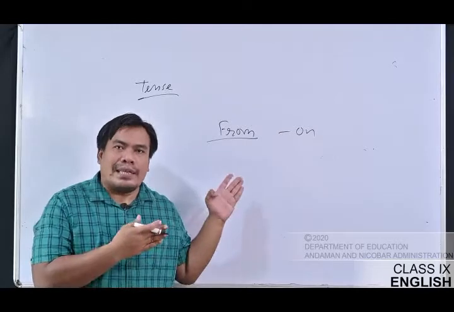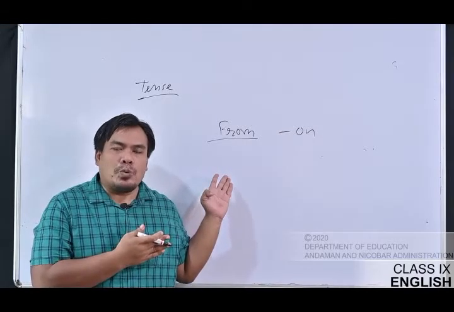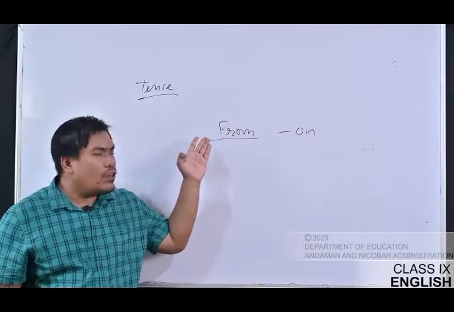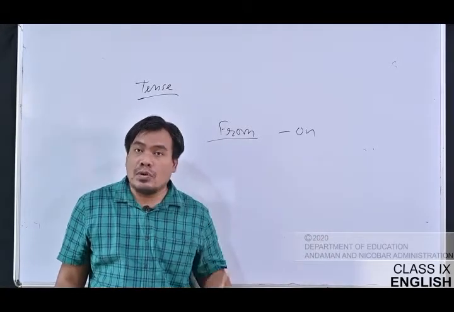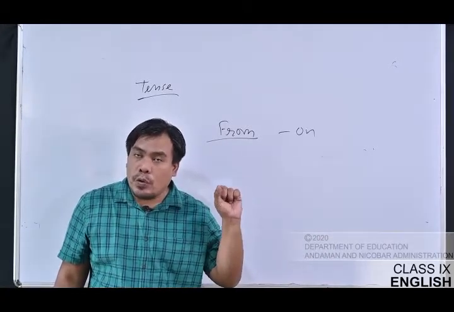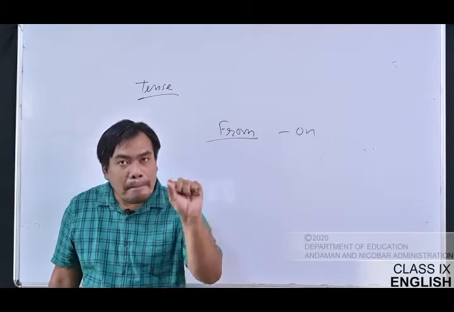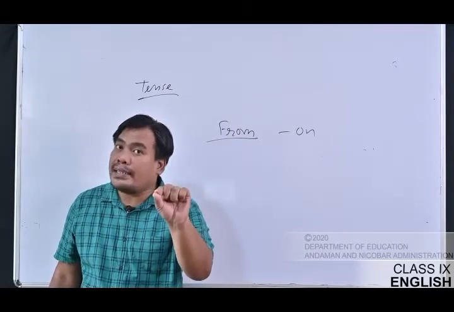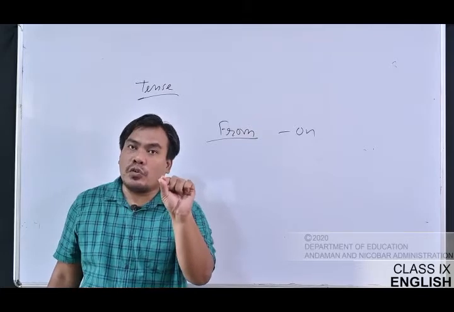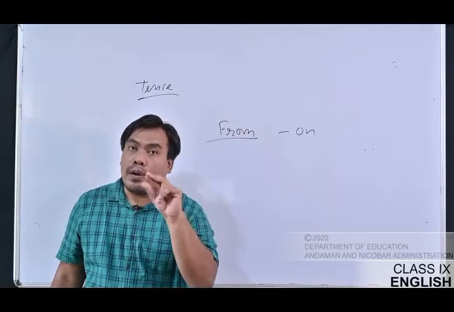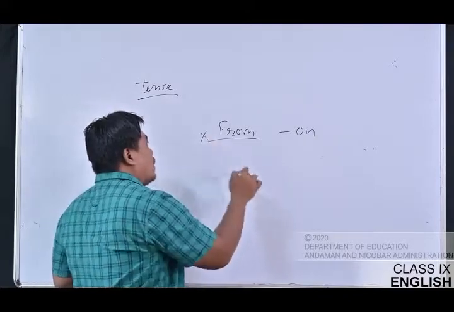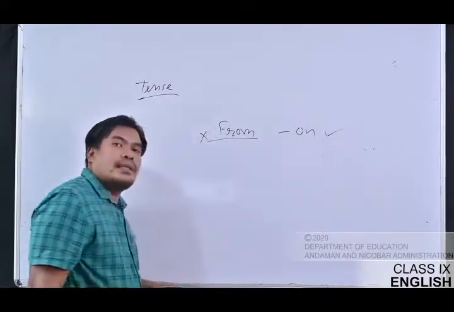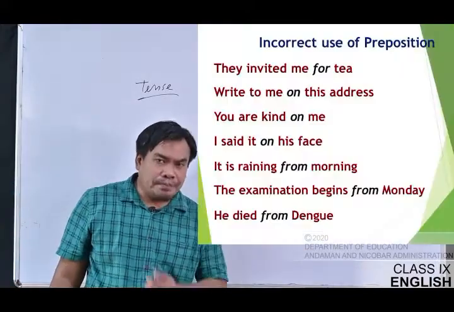I mean, like the example that I was telling you. So it's not from, it's on. The examination begins on Monday. Don't ever say from Monday, because it's understood that the examination is going to be conducted on Monday. All right, so this would be wrong, and this is the correct preposition to be used.